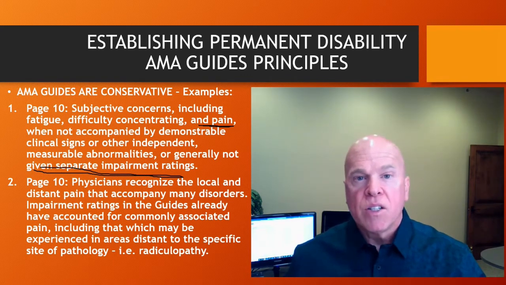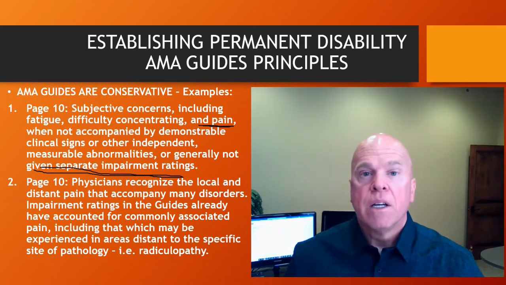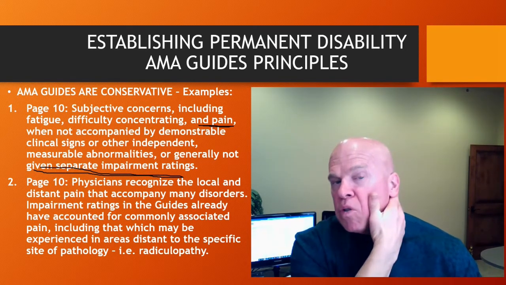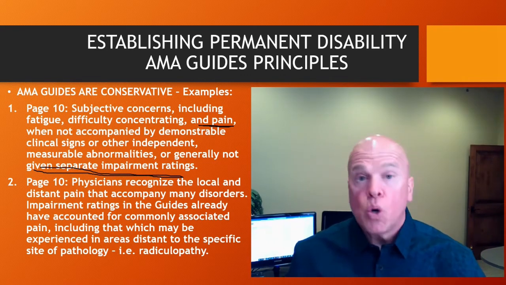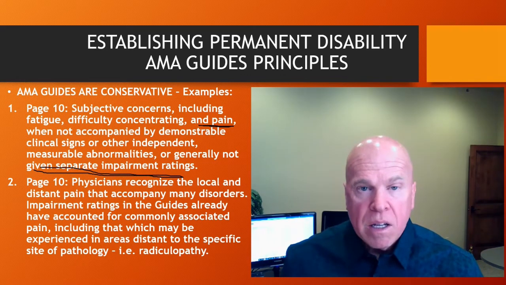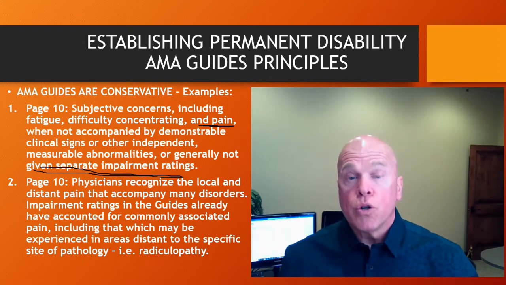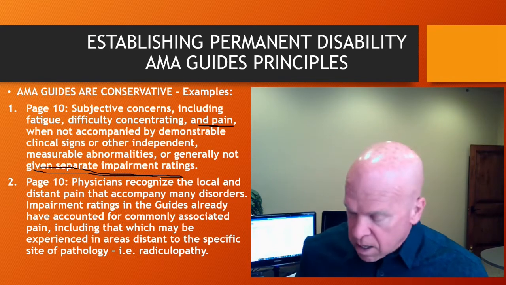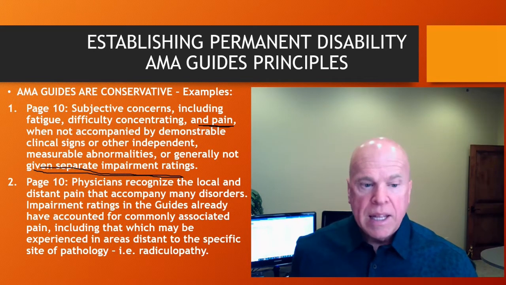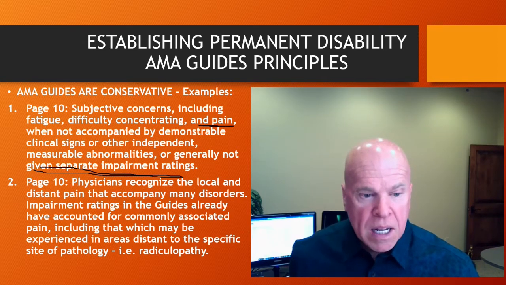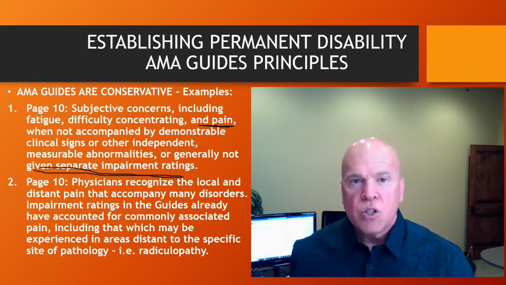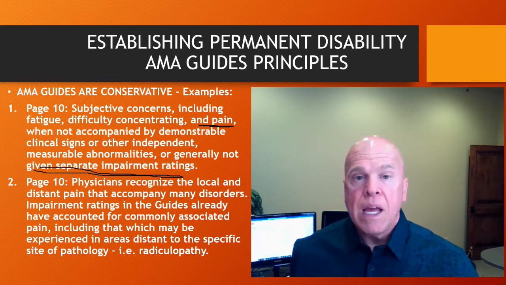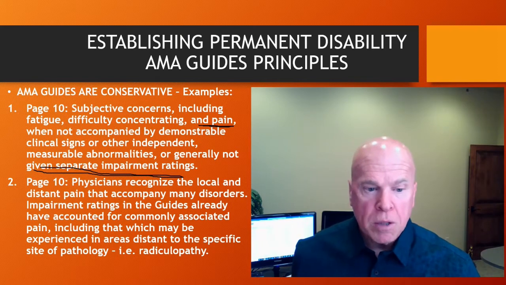For example, you've had an examinee who has had a shoulder surgery who then complains of pain in the neck due to muscle tightness and favoritism of the muscles in the shoulder. This pain in the neck is simply a component of the shoulder impairment, and it qualifies only as a distant pain under the AMA guides, and the impairment ratings in the guides already have accounted for commonly associated pain. It already accounts for the distant pain associated with the local disorder.